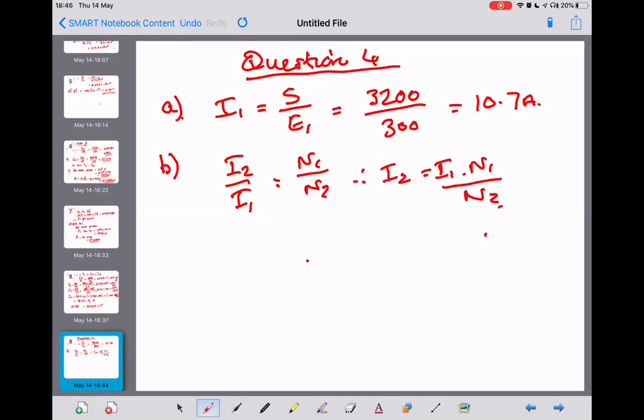Yeah, that's the one. Equals? So on top, I've got 10.7 times 880, and then that's divided by 110, which has given me 85.6 amps.